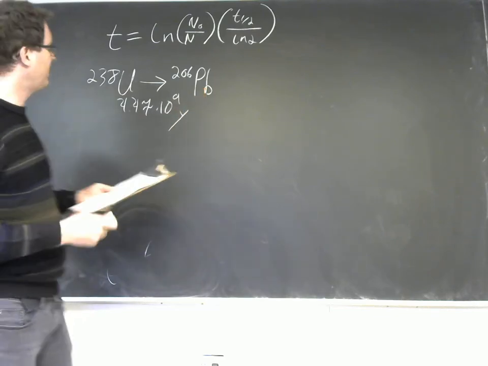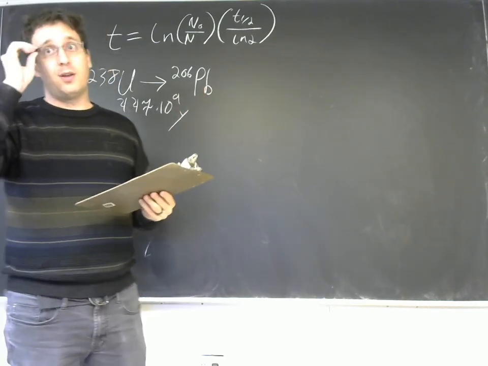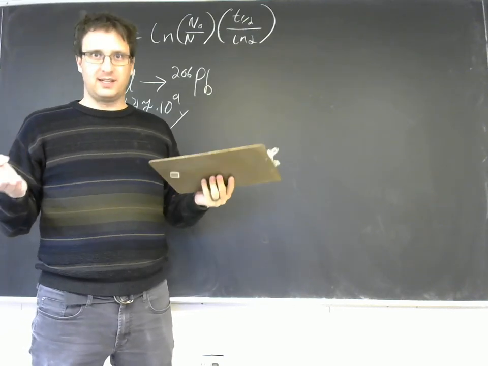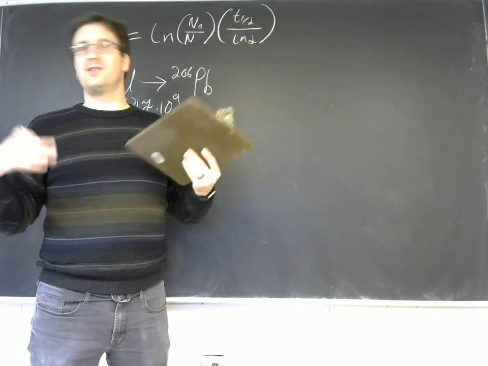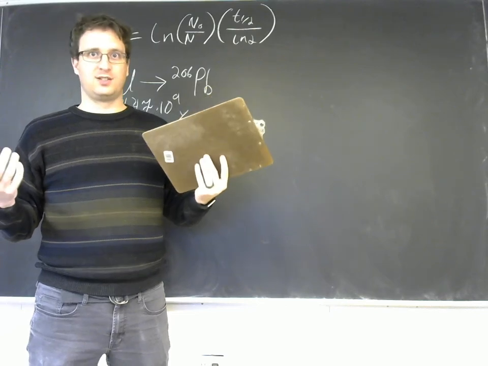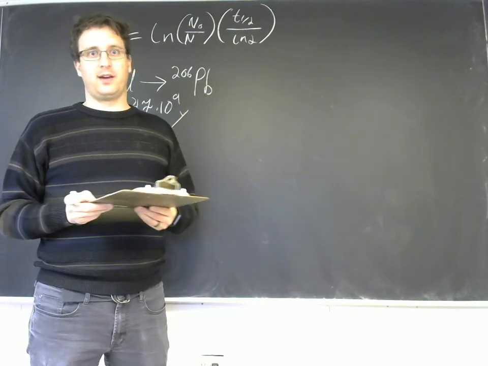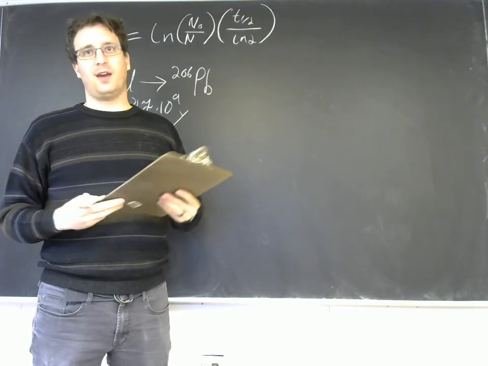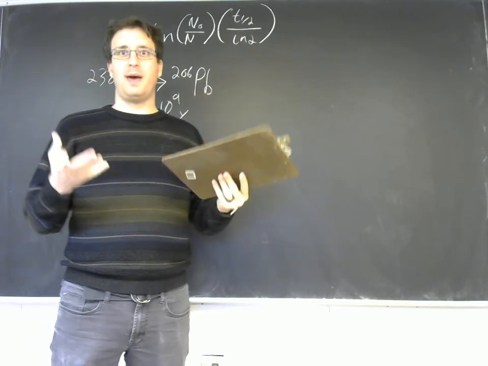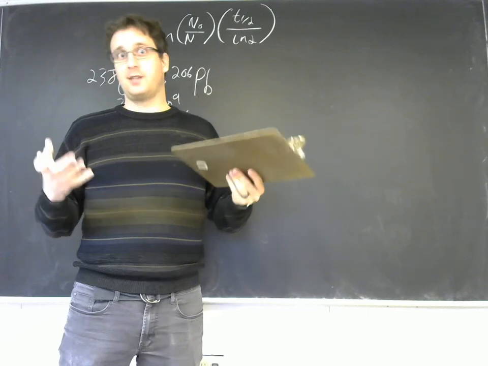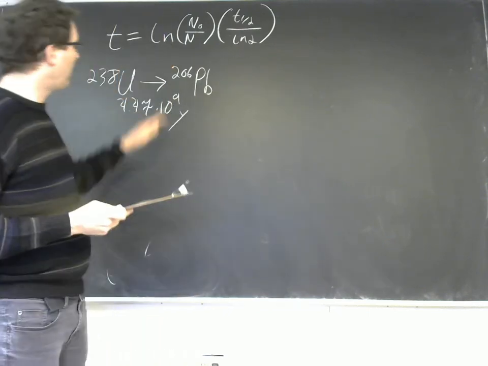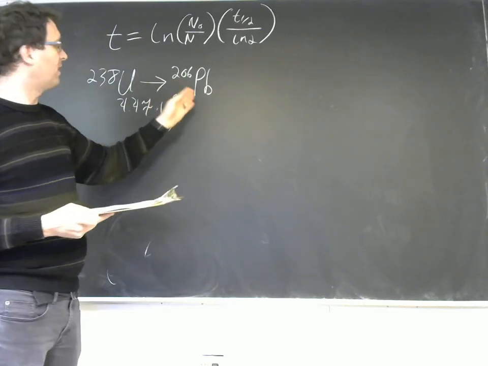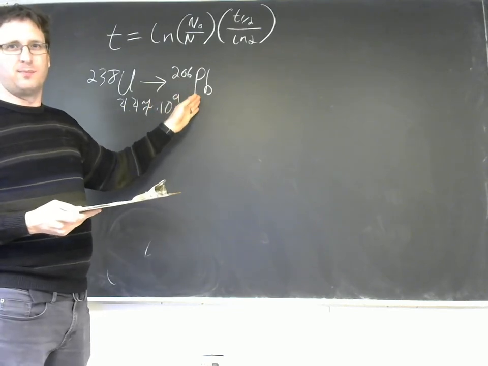And the idea is if you have a sample, well, lead and uranium are different metals. They've got different densities. They're formed in the earth under different conditions, and they aggregate in different strata of the earth. And so if you have a rock that contains uranium, and you find some lead there, then we can infer that that lead wasn't there from the beginning.